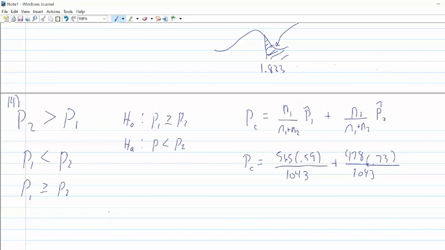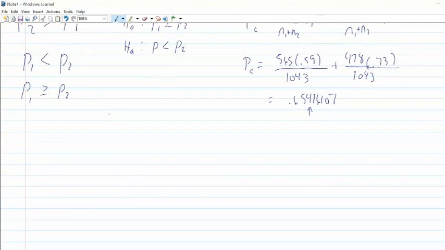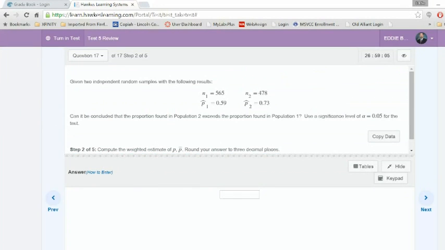Now, when you do that, you get 0.65416107. It asks for 3 decimal places, so 0.654 is the answer on that one. So that's step 2.